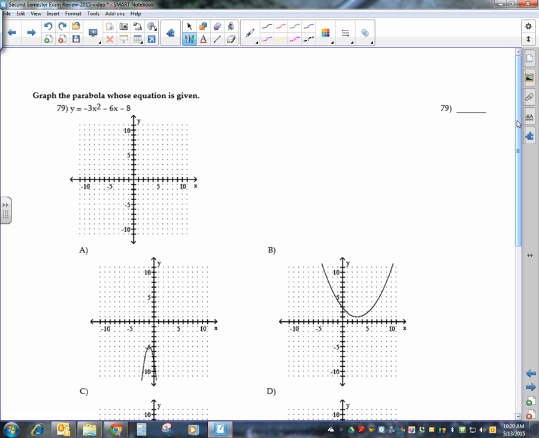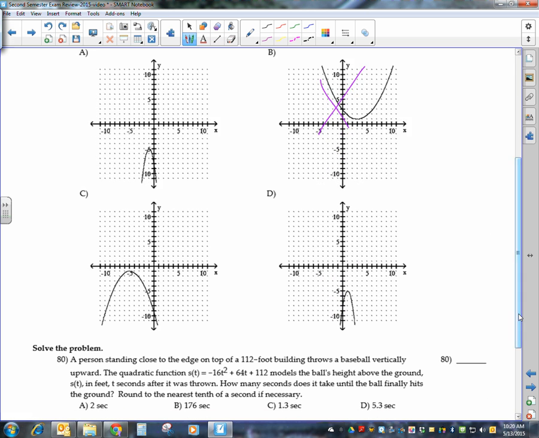And two more, 79. Another graph, okay? Looking at it, a is negative 3, so you know the parabola goes down. So I can ignore that one, and that's all I can ignore from going up or down.